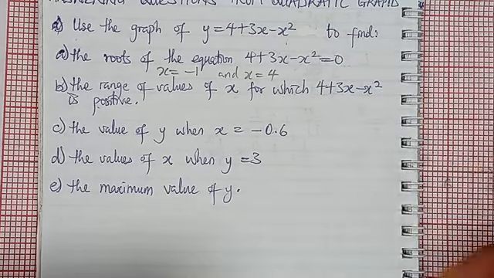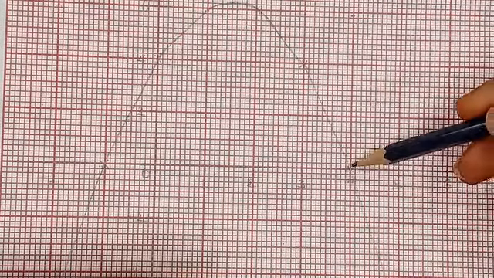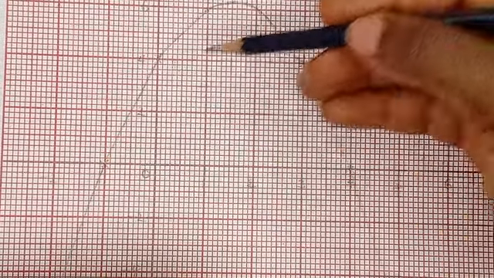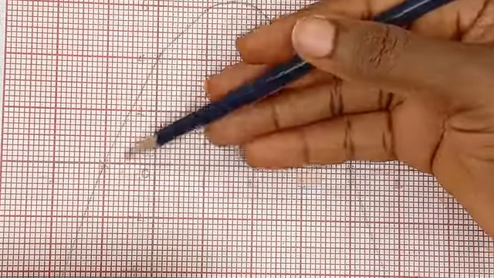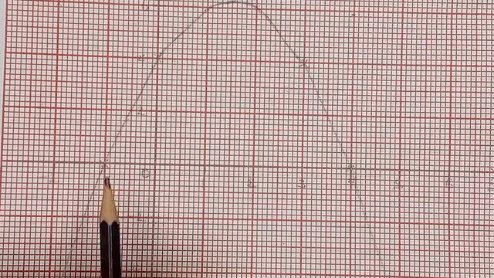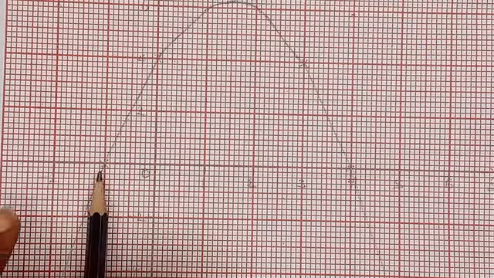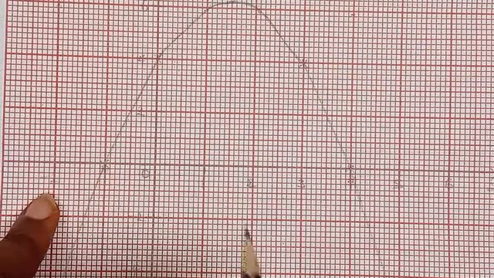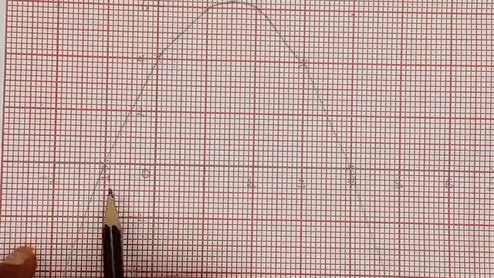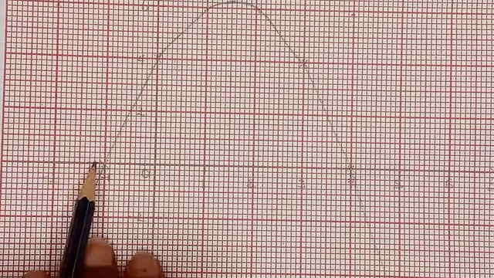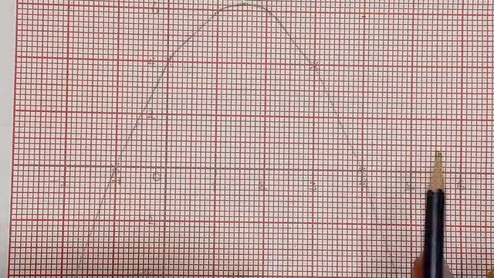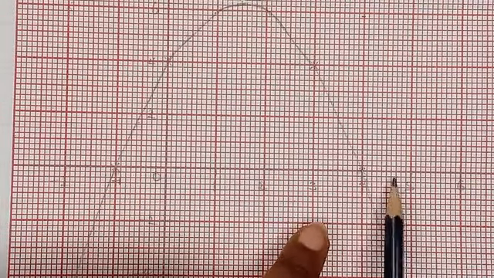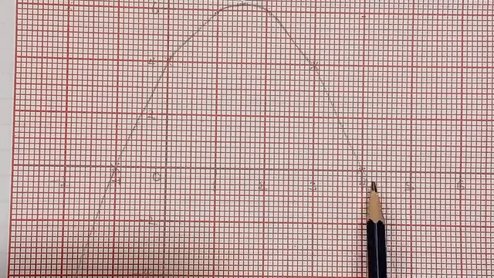From this point to this point on the x-axis, the graph is on the positive side of the y-axis. But beyond this point, values less than minus 1, that is minus 1.12 and the rest of them, and on the other side, values greater than 4, 4.156 and the rest of them, is where this graph becomes negative.